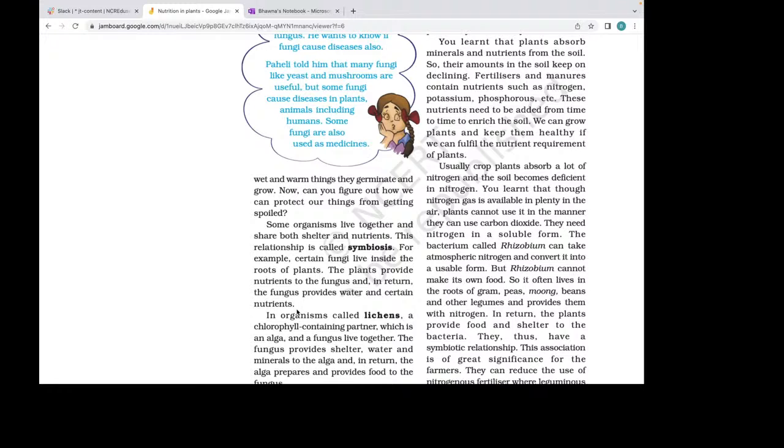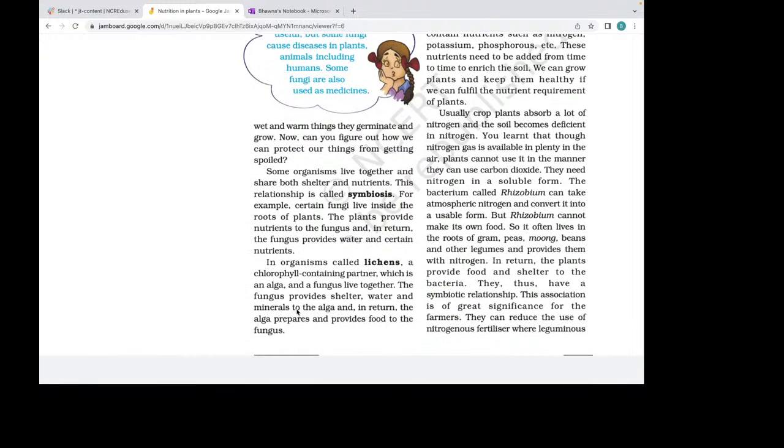Okay. So I hope symbiosis is clear to everyone. And yes, this is also an example of saprotroph. Okay.